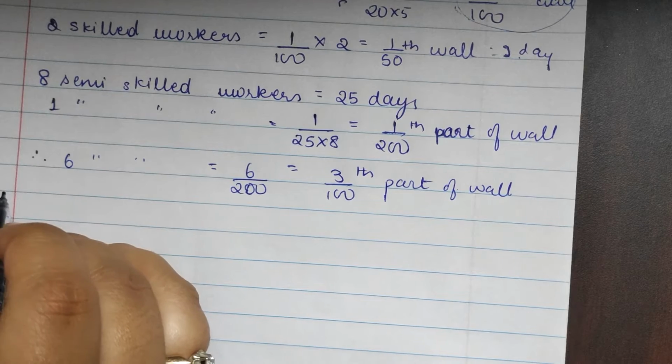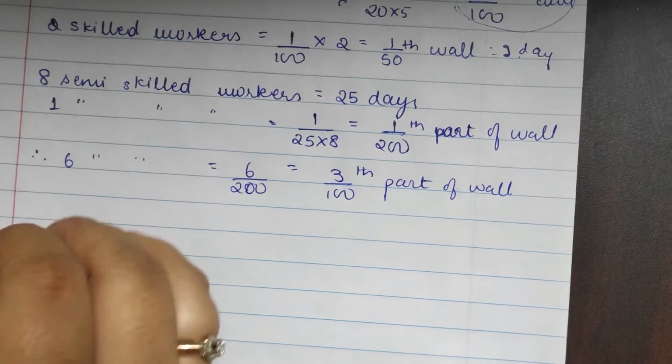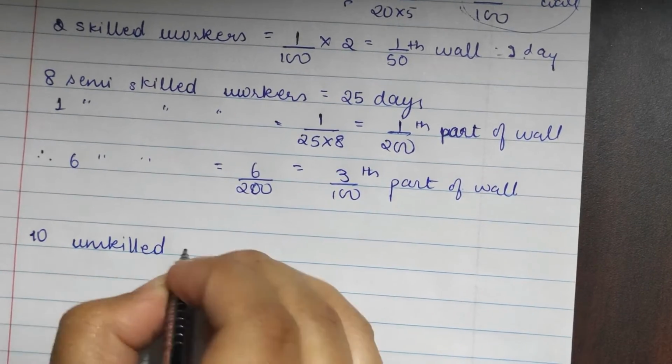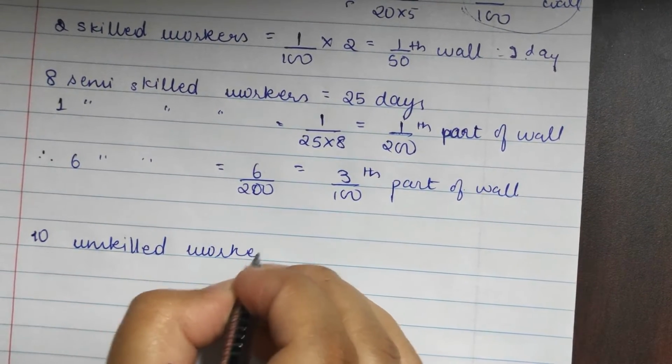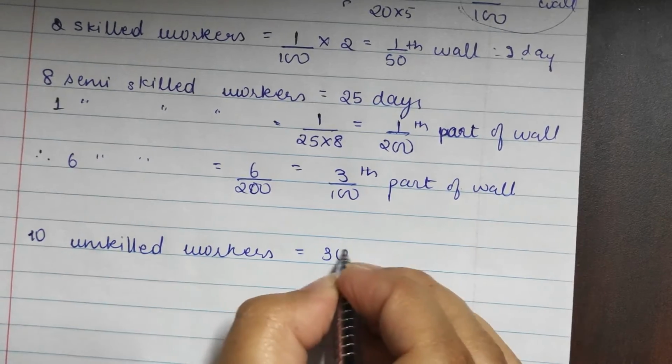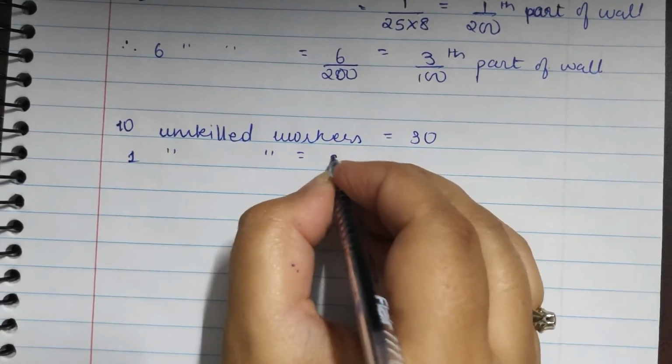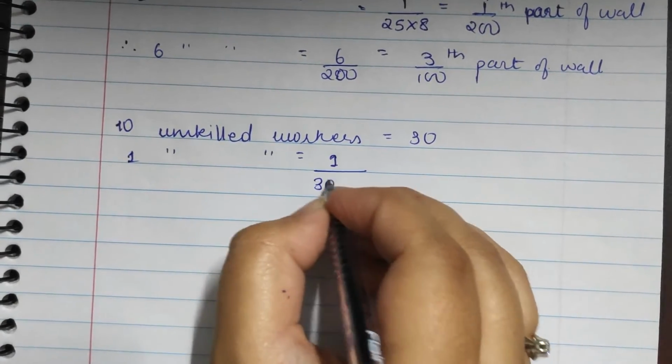Then you have unskilled workers. 10 unskilled workers build a wall in 30 days. So one unskilled worker will build how much part of the wall?